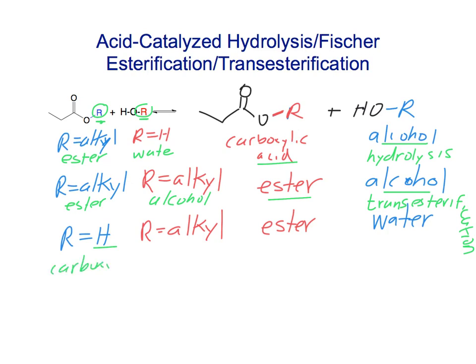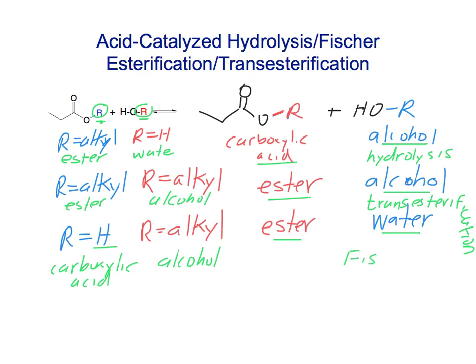acid reacting with an alcohol, giving us an ester and water. This is exactly the reverse reaction as the top one. It's just going backwards. This is named after somebody.